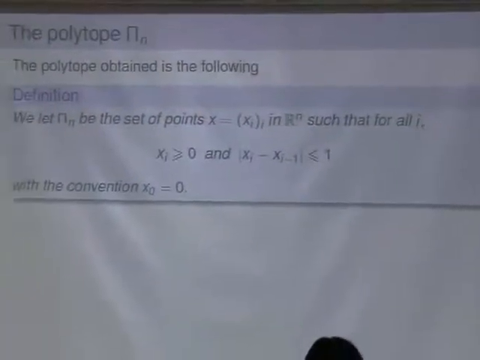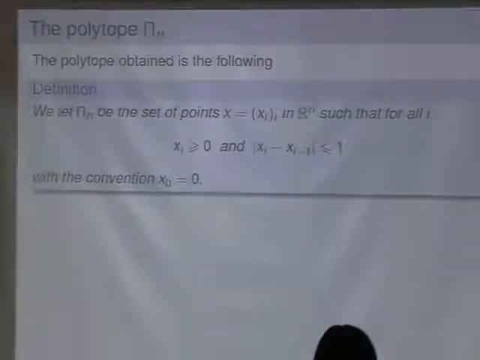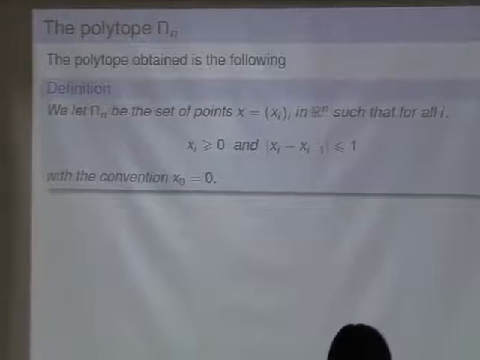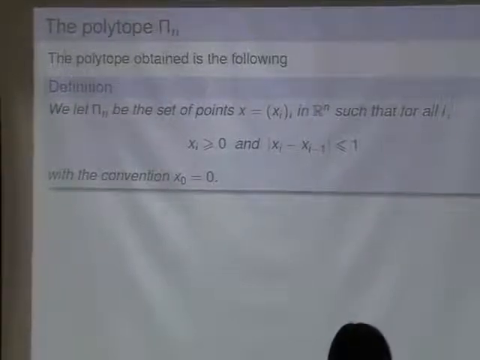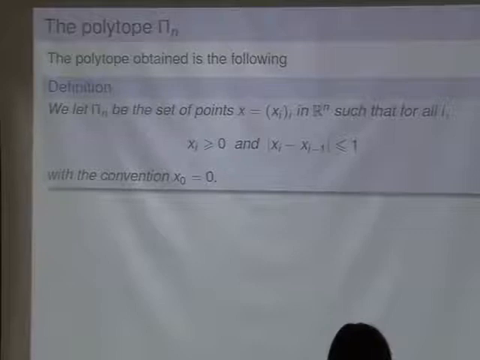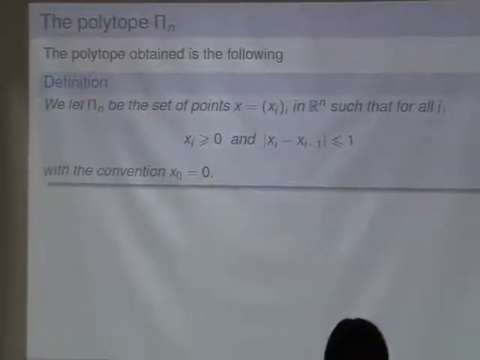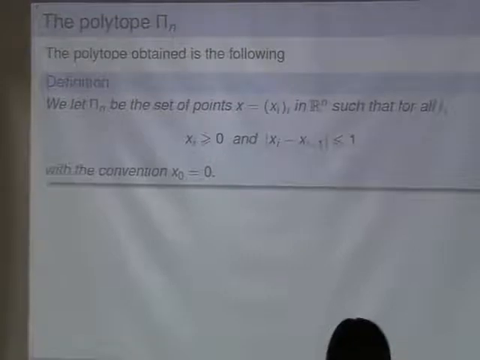It has to be bounded to be a polytope, in the usual definition, and this is easily bounded. So that's indeed the definition of a polytope. When you have a polytope, it has a certain volume, the normal volume in Rn, Lebesgue measure, if you will.